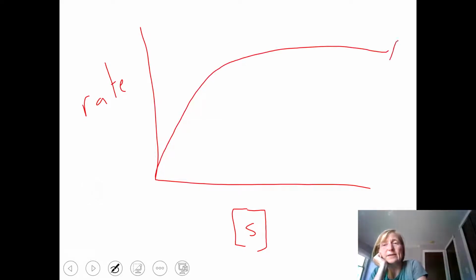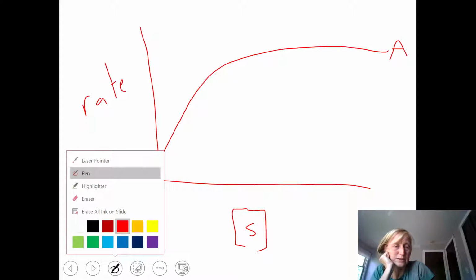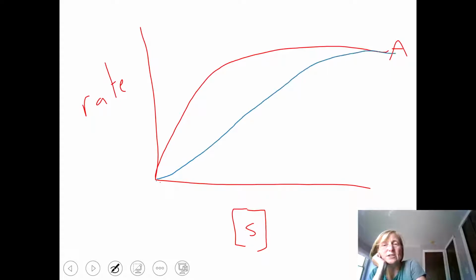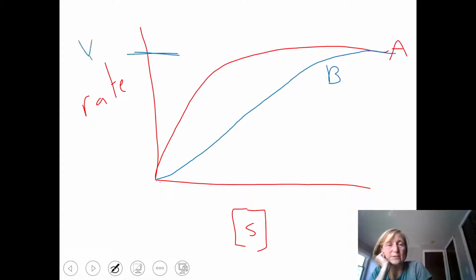This would be maybe enzyme A. And another enzyme, maybe I'll do it in a different color here, color blue, has a different curve. It kind of looks more like this, but it eventually reaches about the same Vmax, if you will. That's our Vmax. Which of these enzymes is more efficient? Can you tell?